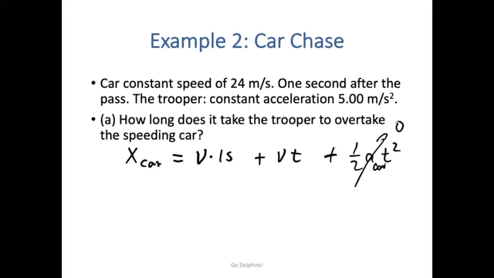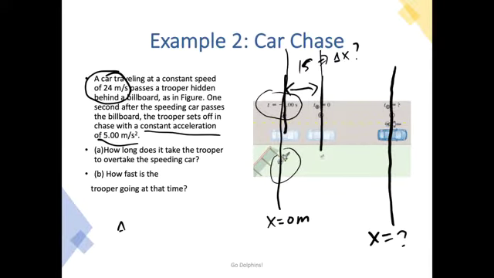And we need to do the same for the police trooper. Okay, v for the car is 24, so in 1 second it will move 24 meters, and this is 24 times t. And the position of the trooper, from t equals 0, this is our 0.